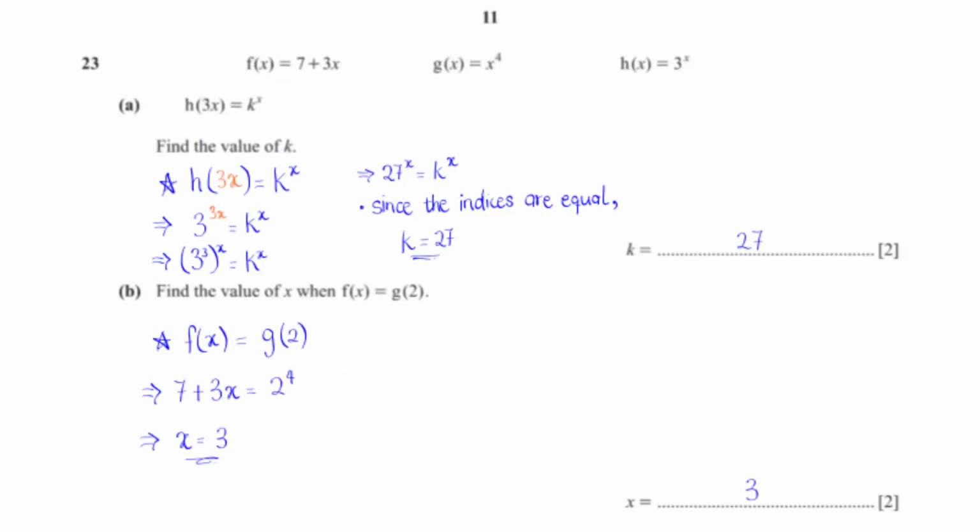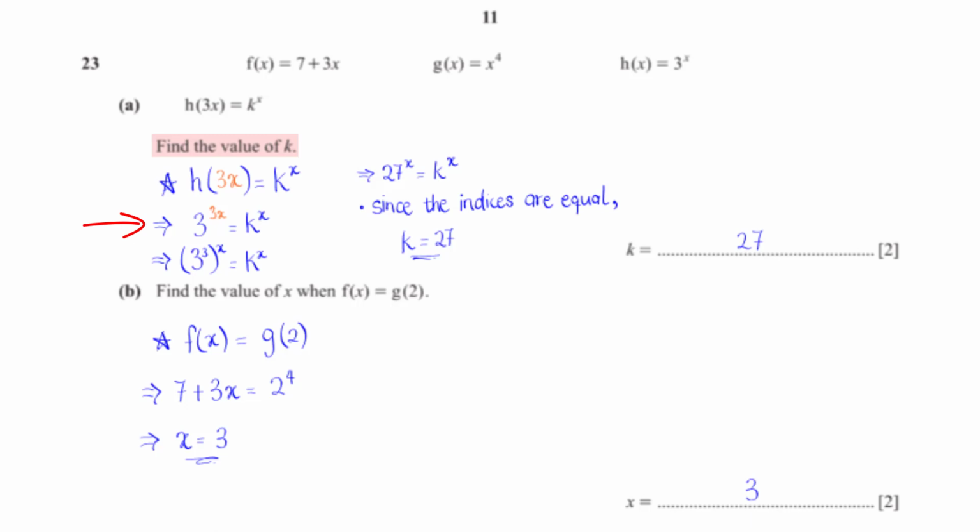f of x is equal to 7 plus 3x. g of x is equal to x raised to the power 4. h of x is equal to 3 raised to the power x. h of 3x is equal to k raised to the power x. Find the value of k. 3 raised to the power 3x is equal to k raised to the power x.